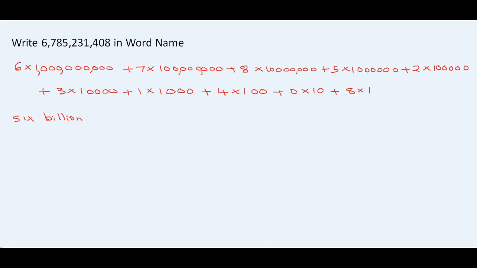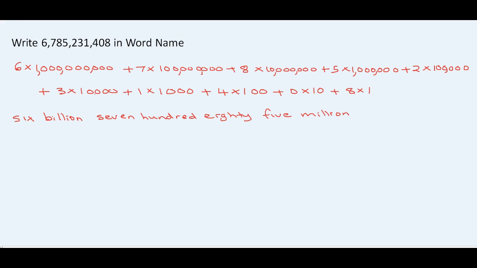Here we have 700, we have 80, and then here we have 5 million. Here we have 200,000.